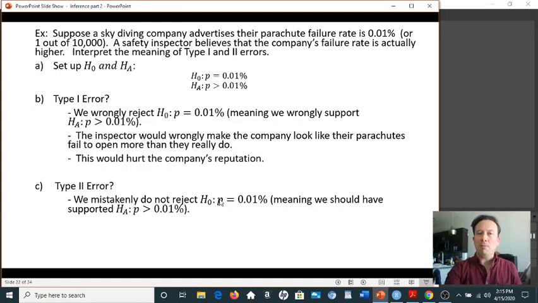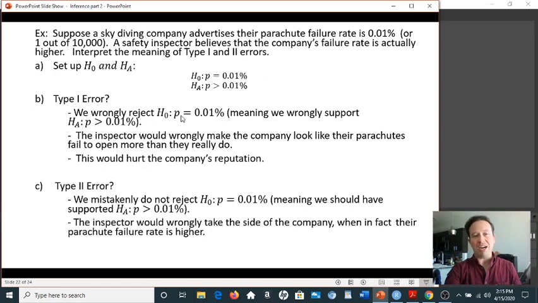What problem is that? You're saying that the company's claim is correct, but you should have supported that the rate was actually higher. The inspector would wrongly take the side of the company by saying they were correct, when in fact the actual truth is that the parachute failure rate is higher.